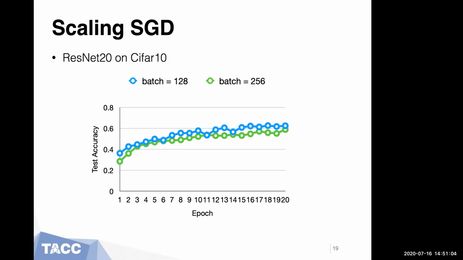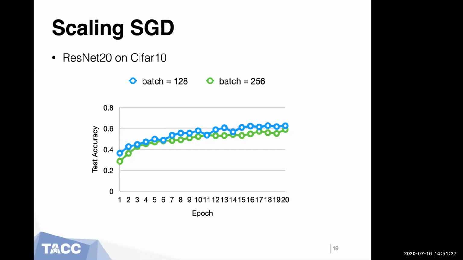If we use batch size 128, you can see that's the blue curve. It trains like this for the first 20 epochs, and the validation test accuracy is a little bit over 60%. Okay, and if we double the batch size to 256, what we observe is here, right?